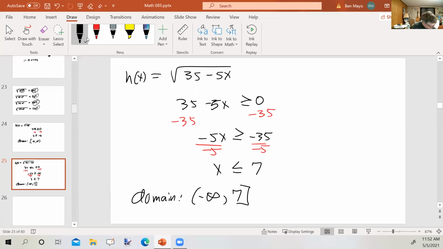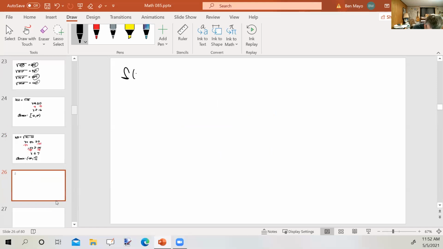Okay. Next, it says, find each function value. Do not use a calculator. So we've got f of x equals the square root of 3x plus 1. We are to find f of 8 and f of -2.